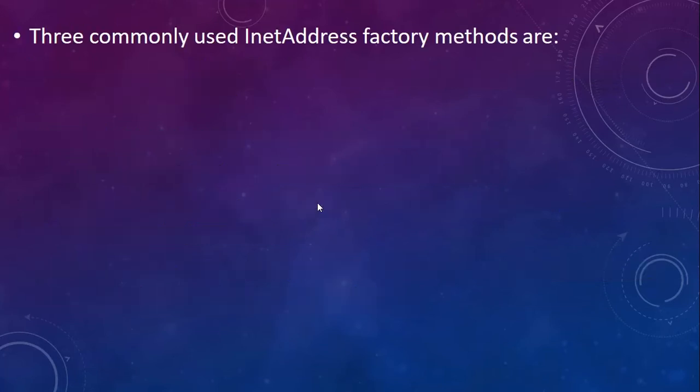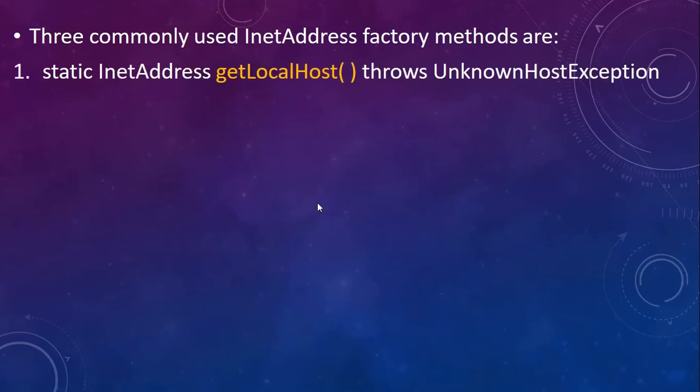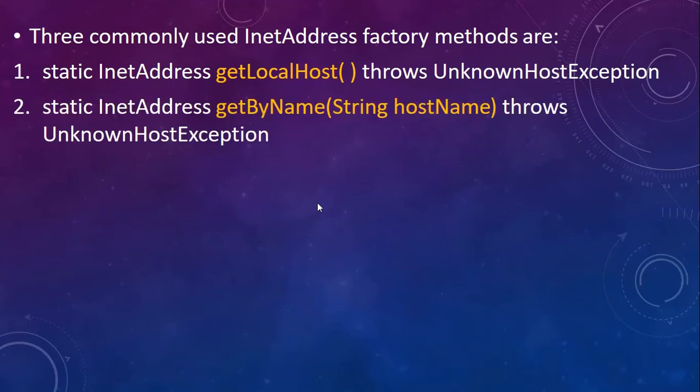Three commonly used InetAddress factory methods, which we are also going to use, are: one, getLocalHost, and if the localhost is not known, it throws an UnknownHostException. Second, getByName, where you have to specify the host name.